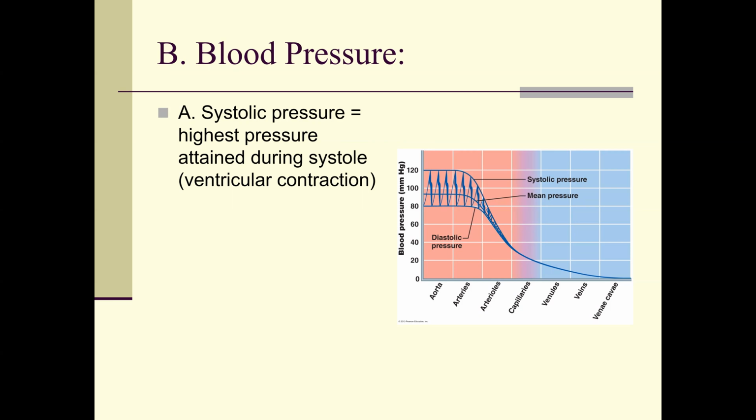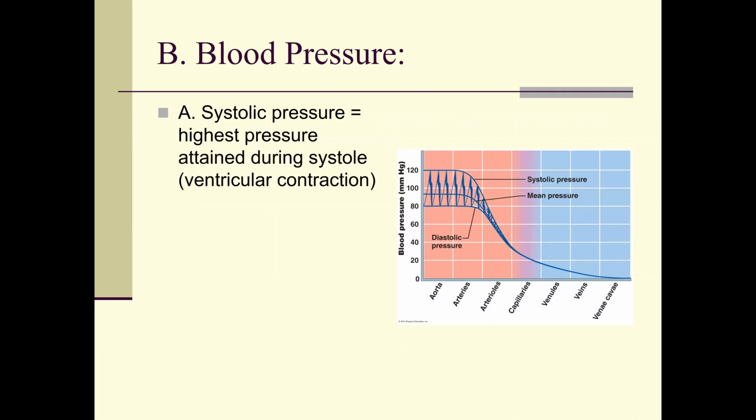So systole is ventricular contraction. That's when the ventricles are contracting and attaining the highest pressure. Remember, we have a first portion where the ventricle is increasing pressure. The pressure gets so great that the AV valves shut. Okay, and so we keep the same volume as the ventricles contract.